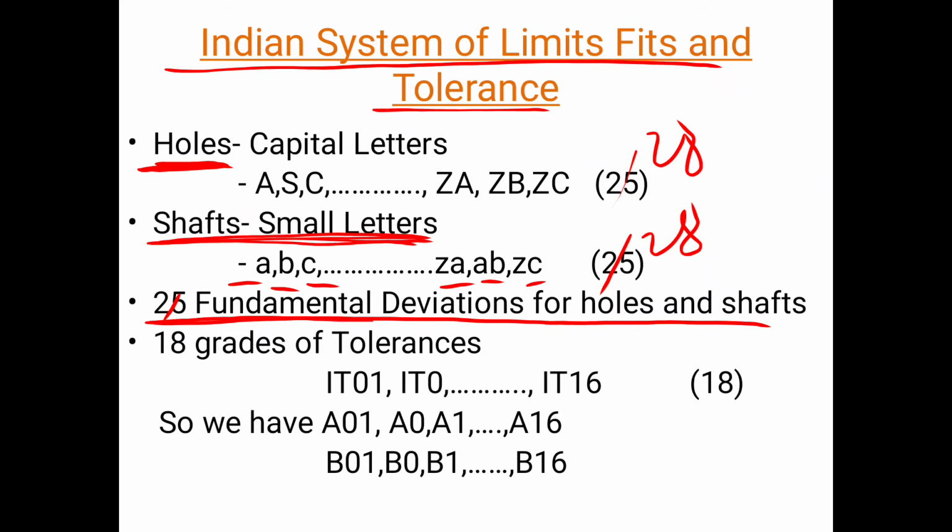So fundamental deviations are 25 for holes and shafts, and for each deviation there are 18 grades of tolerances, that is IT01, IT0, then IT1, IT2, IT3. IT01 and IT1 are different. Up to IT16 there are 18 grades of tolerances.